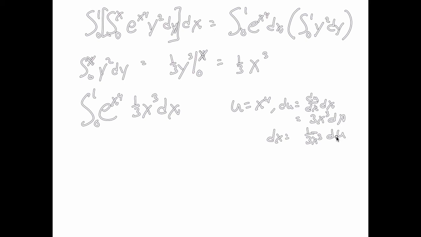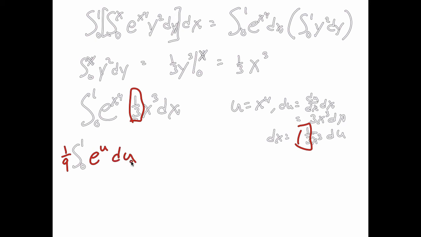So we change variables. We end up with the integral from 0 to 1, 1/3 from this thing that exists already, and 1/3 from the change of variables gives us 1/9 out front. e to the u, the x cubed cancels with the 1 over x cubed, so we're left with only du.